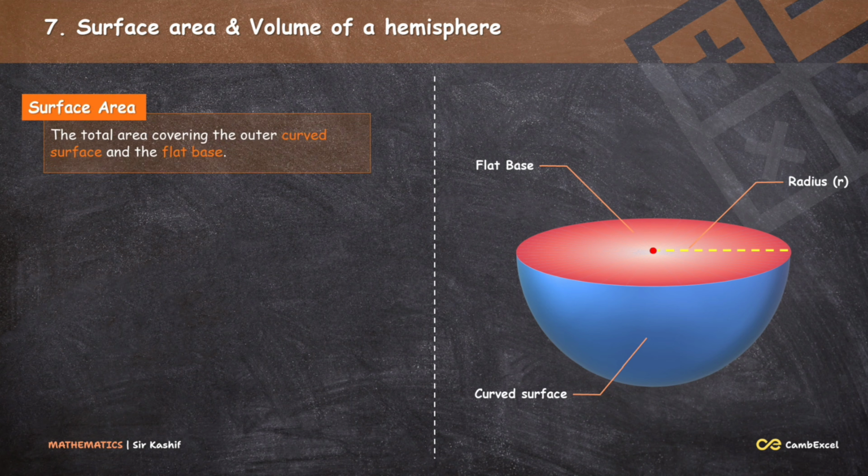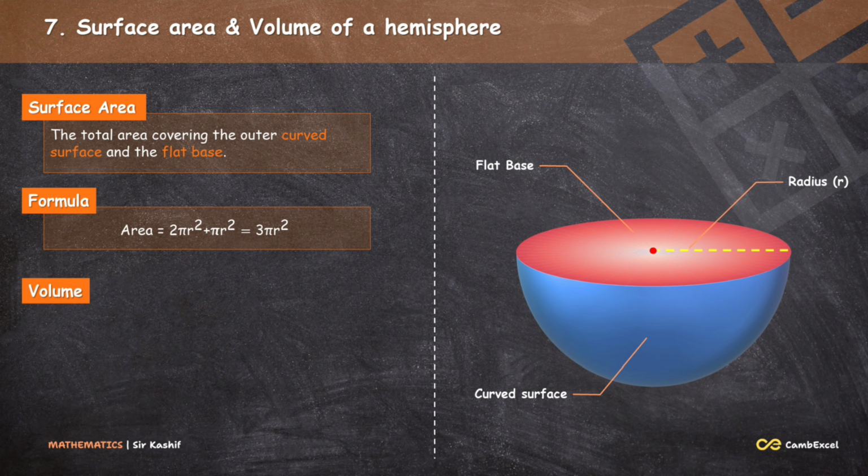By the definition of surface area, it is the total area covering the outer curved surface and the flat base. The formula used to find the surface area is 2 pi r square, which is half of the surface area of a sphere, plus the area of the flat base, which is a circle. So it turns out to be 3 pi r square.